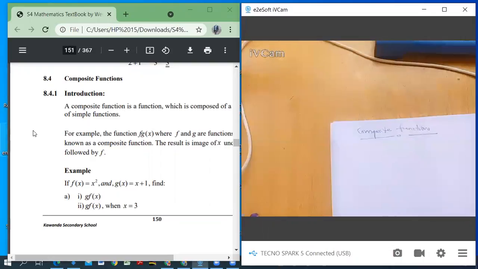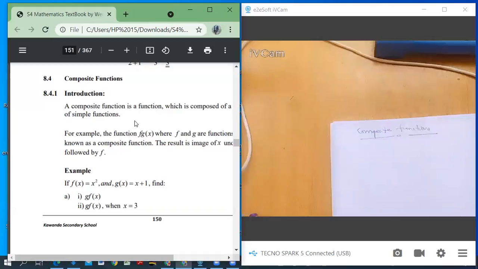When you look at what I have in the note, I said a composite function is a function which is composed of simple functions.